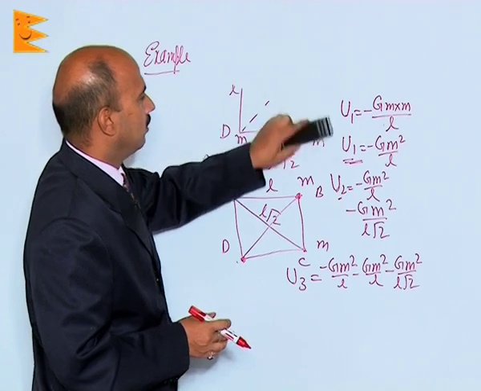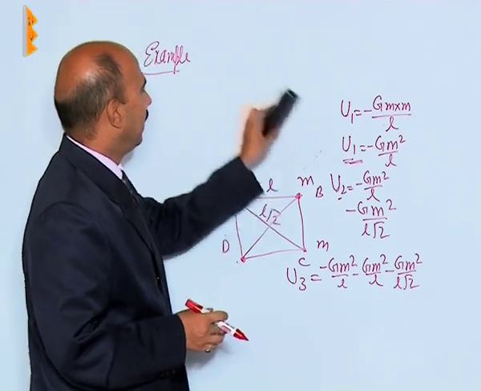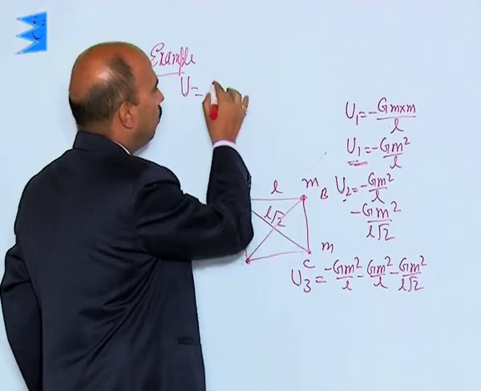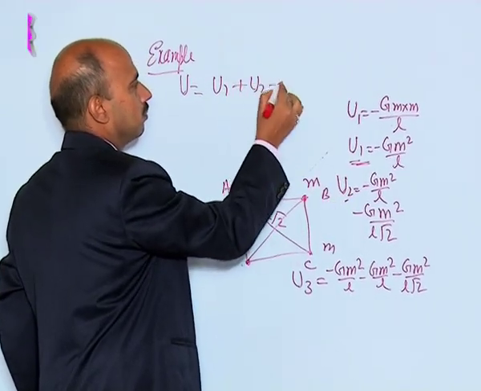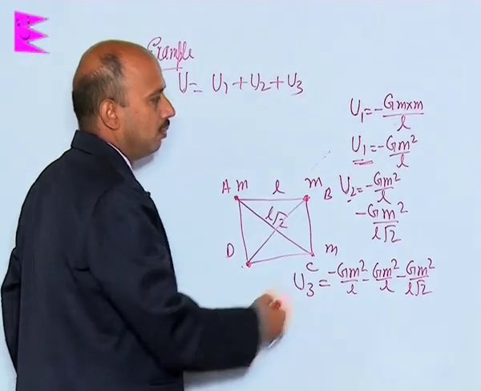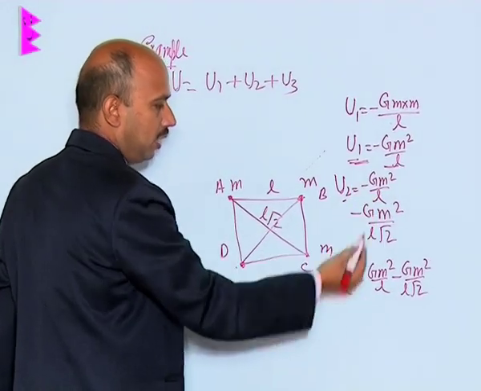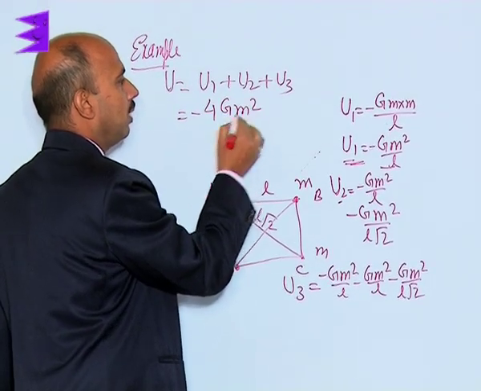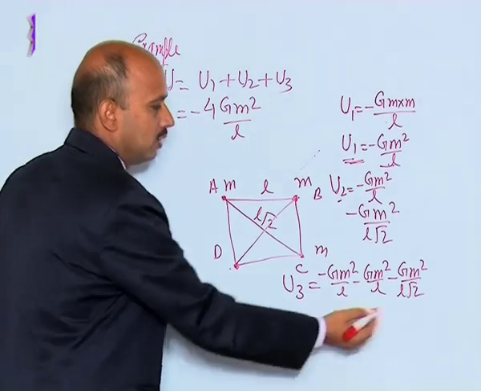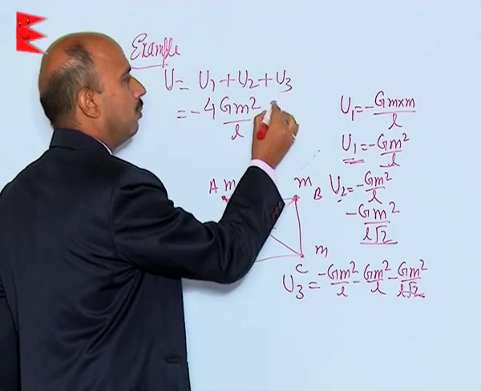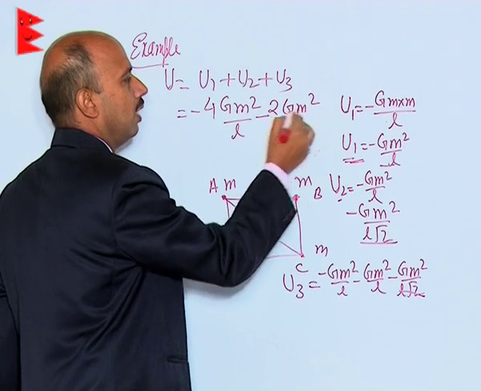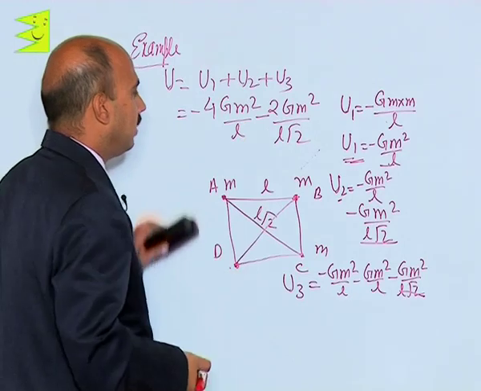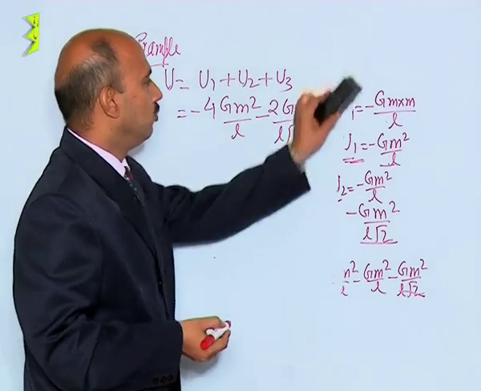When you add all these, you will get U is equal to U1 plus U2 plus U3. Now, see here, minus Gm square upon L, and these 2 are here. So, we can write minus 4 Gm square by L, and now this and this are here, so we can write minus 2 Gm square upon L root 2. Now, we can simplify.